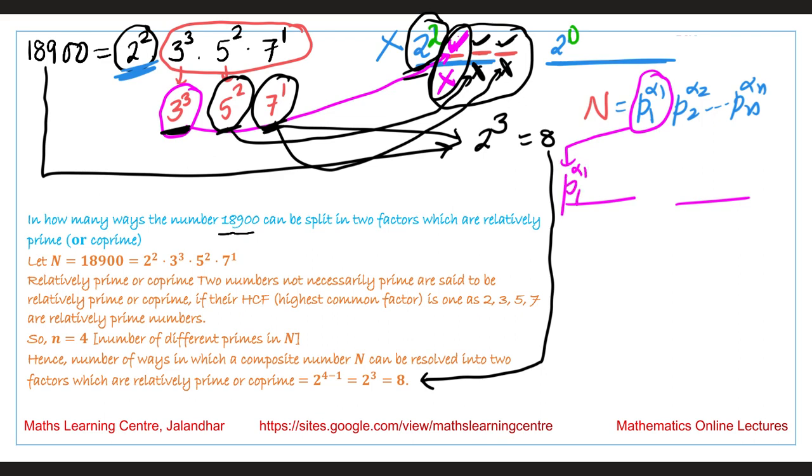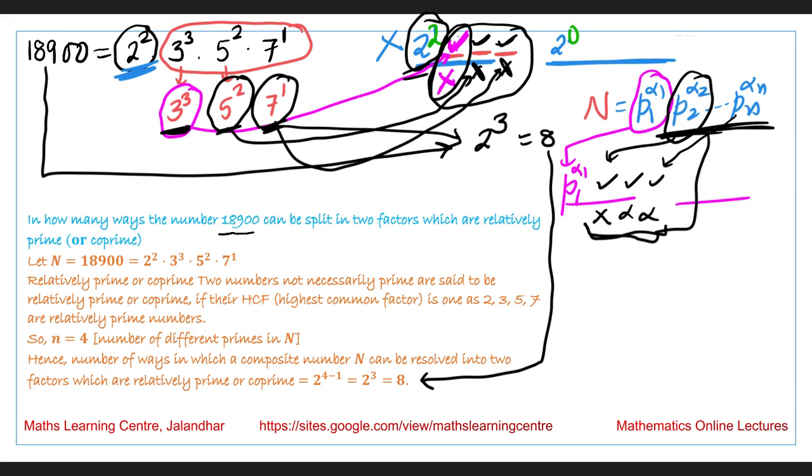Then for the second number p2 alpha 2, either this will be there or this will not be there. Next p3 alpha 3, it will be there, it will not be there. Likewise p alpha n, this will be there or this will not be there. So how many numbers are we left with now? We are talking about these numbers. These are basically n minus 1 numbers.